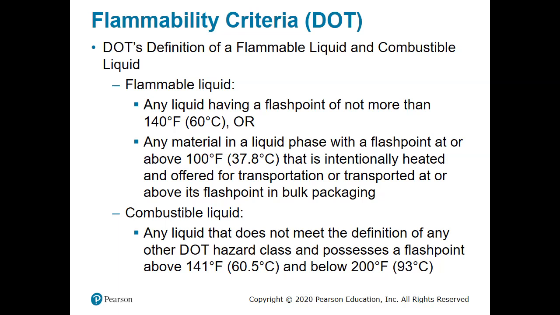Where we tend to see this most often are things like rail cars, where the rail cars are heated through some sort of tank system to keep the substance molten or at a more transportable, more agreeable kind of state of matter. So usually, again, we see this with solids to keep them from gelling up.